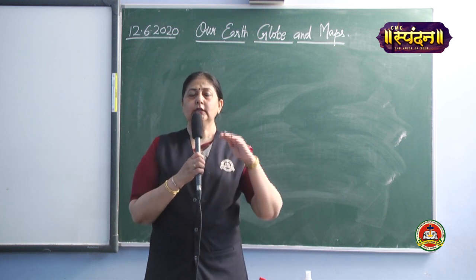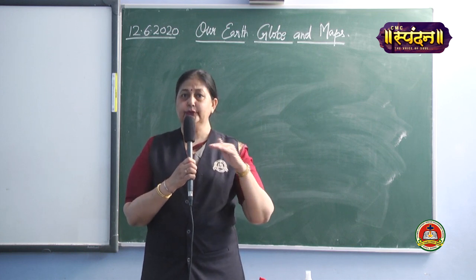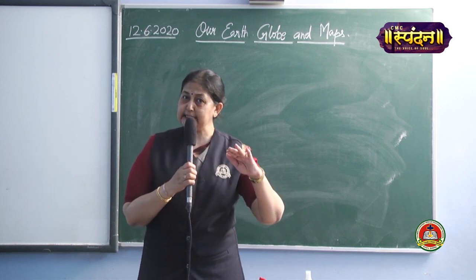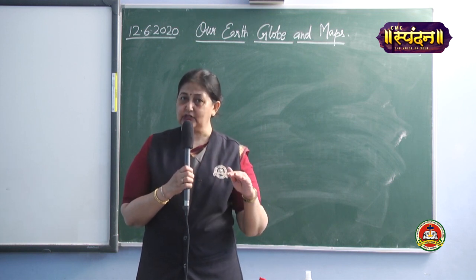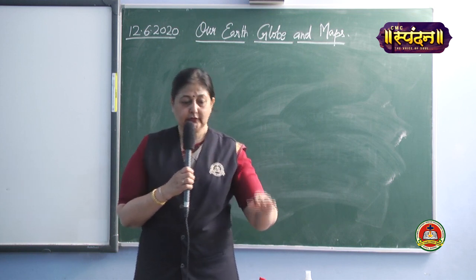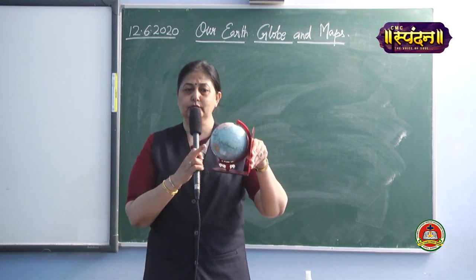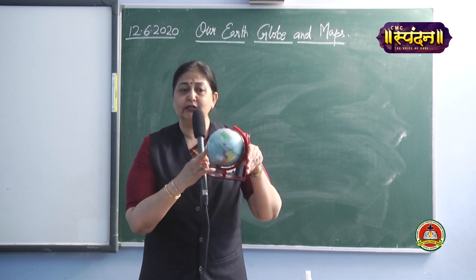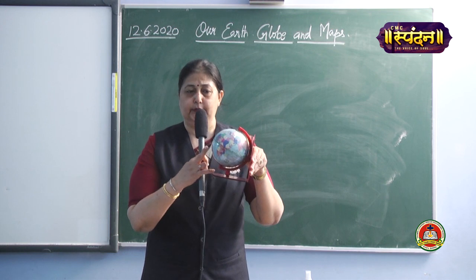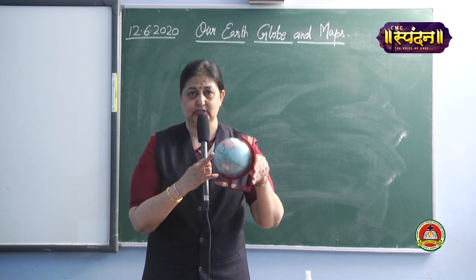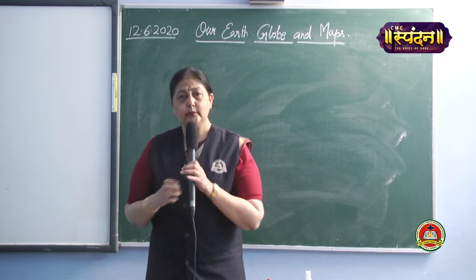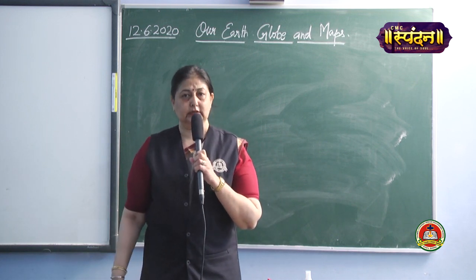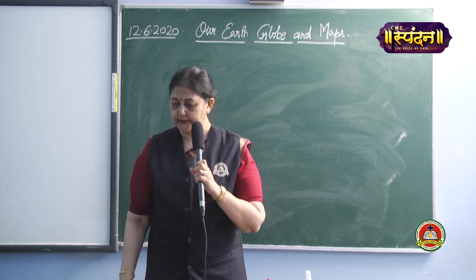Children, on the map of the world, you can see all the continents at the same time because it is flat on a paper. But on a globe, you will have to revolve the globe, move the globe to see the continents. Alright? Then, children, we can go from one place to another using a map.